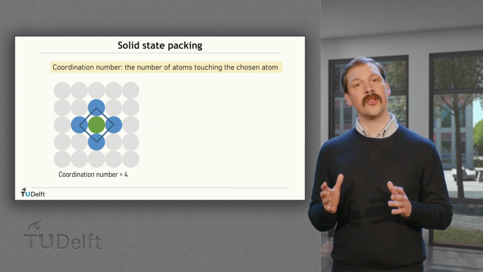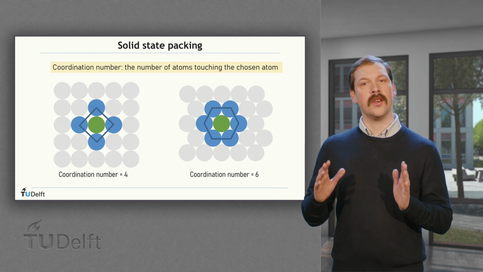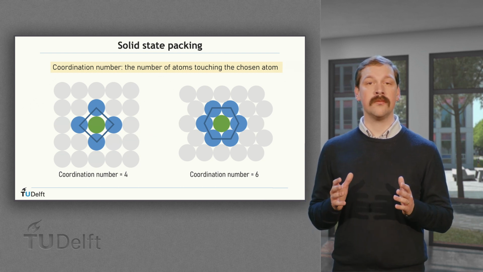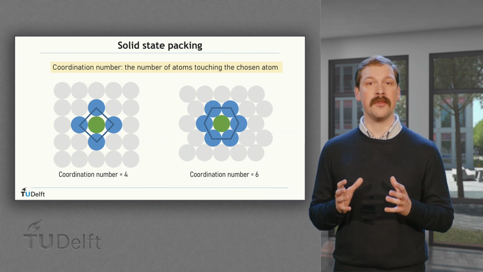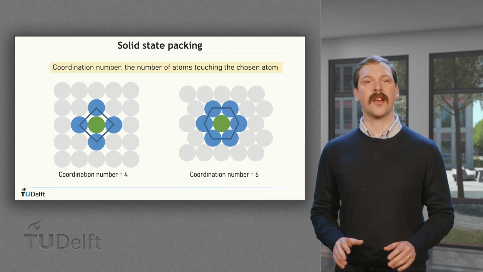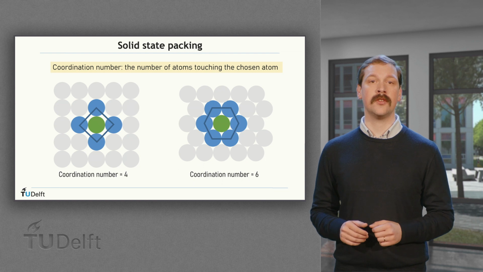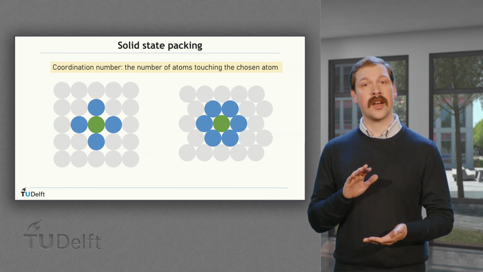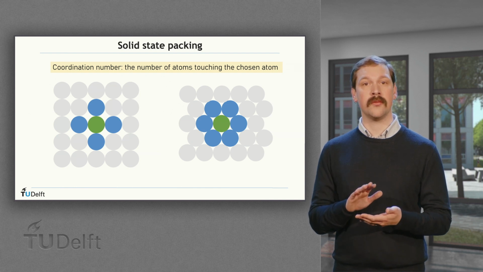But what if we try to minimize the empty space? If we move each line by the radius of an atom, we see that the atoms are more compact, leaving less empty space. This is a hexagonal geometry, since each atom touches 6 other atoms in the plane. Now, if we overlap multiple layers, other atoms come in contact with a green atom.